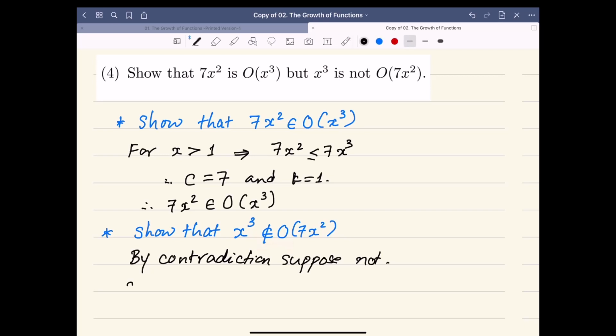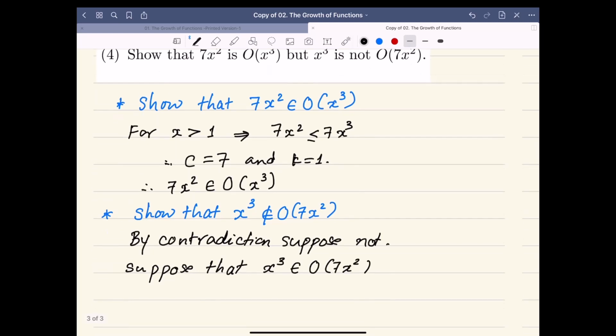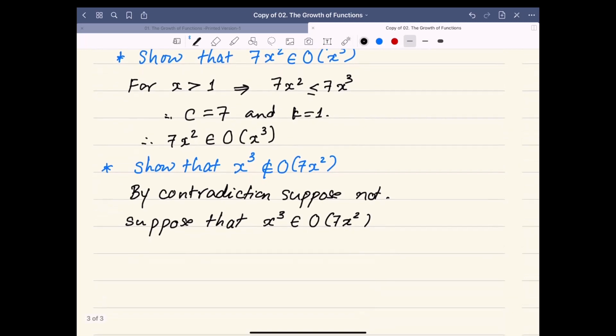So here we say suppose that x raised to power 3 belongs to big O of 7x squared. Since it belongs to big O of 7x squared, according to the basic definition, we have x cubed less than or equal to a constant c multiplied by x squared for all x greater than k.